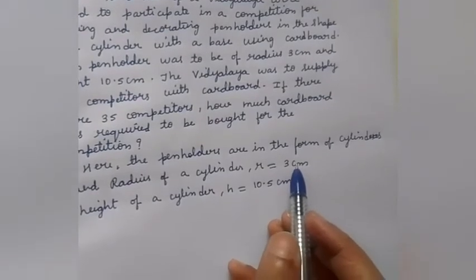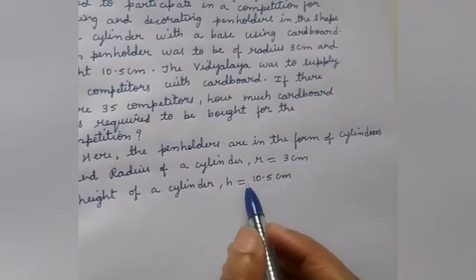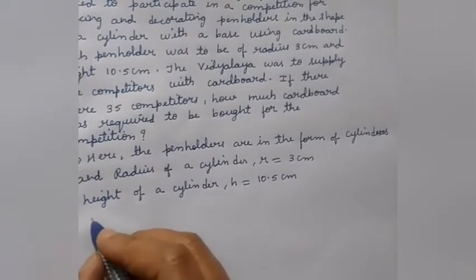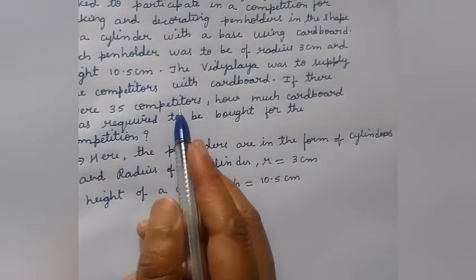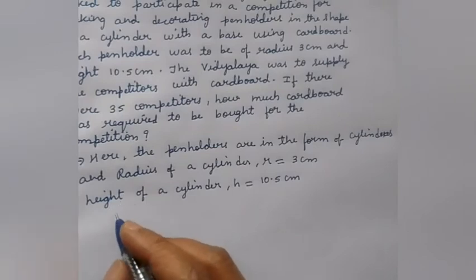We are asked to find the cardboard required for each competitor. Therefore, in order to find how much cardboard is required for 35 competitors, first let us find how much is required for each competitor.